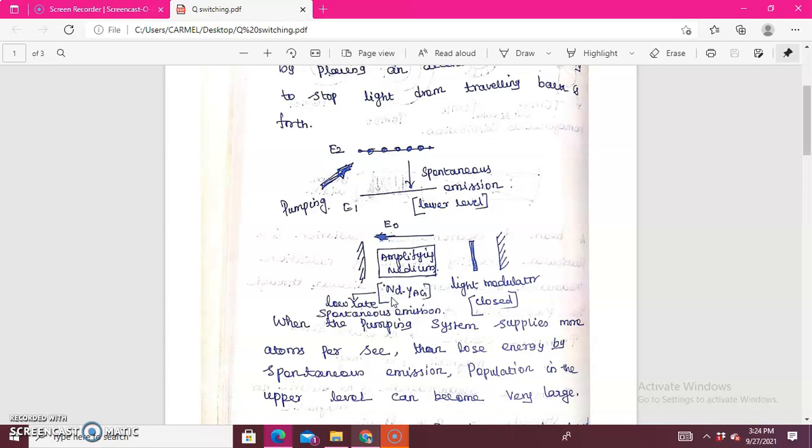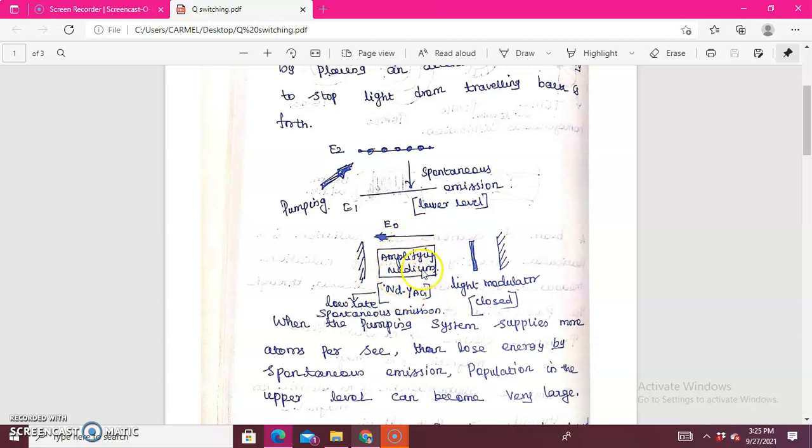Nd is neodymium, doped; Y is yttrium, A is aluminium, and G is garnet. This is a solid state laser, and this particular laser is used as the amplifying medium.